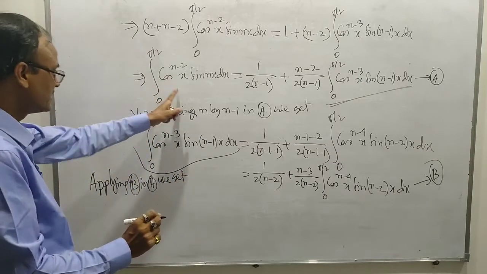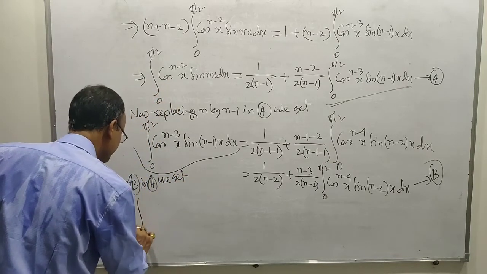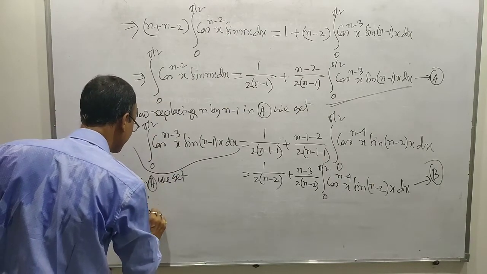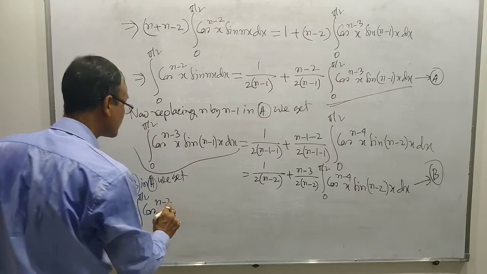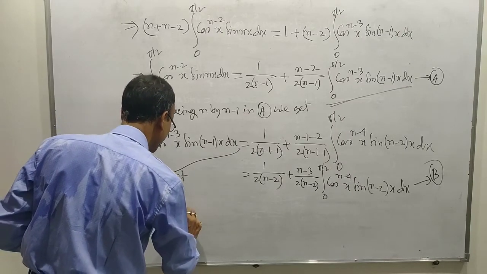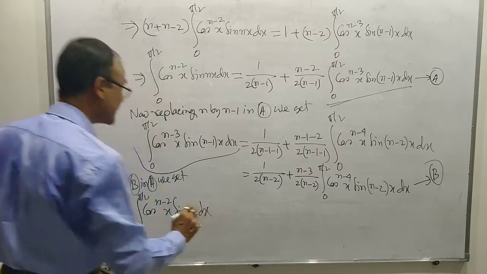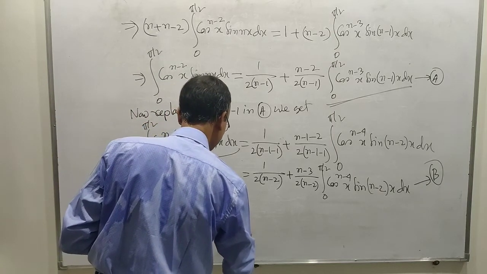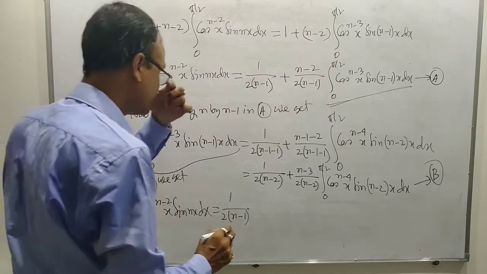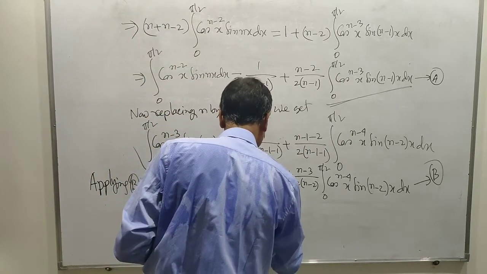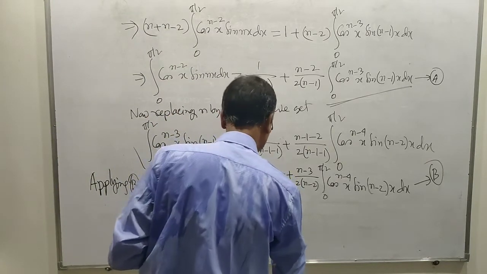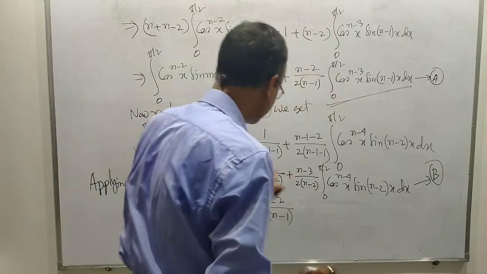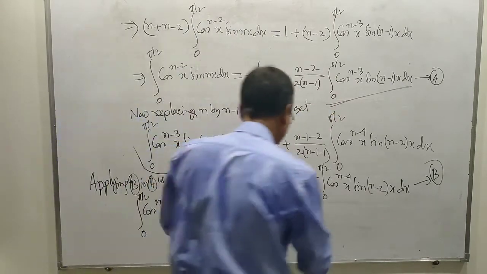In A we get, the left hand side as it is, 0 to pi by 2 cos to the power n minus 2 x sin nx dx. This is equal to, as it is, 1 by 2 (n minus 1) plus (n minus 2) divided by 2 times of (n minus 1). For this integral we will replace this by this.